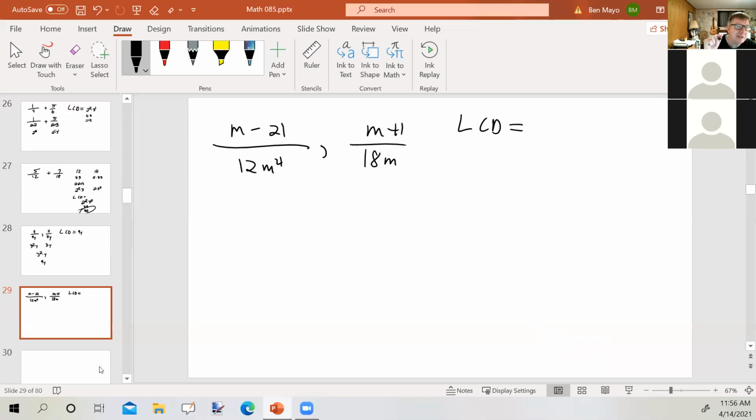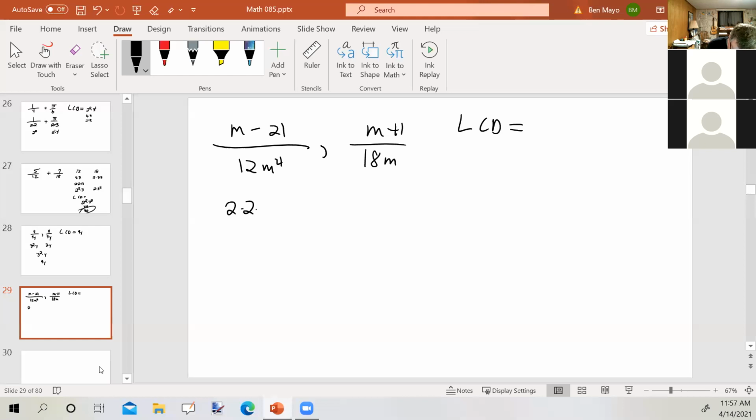Almost. 36m to the fourth power. Why would it be to the fourth if the other one doesn't have it to the fourth? You want the least common denominator, so you've got to take the highest power of each that they would both go into. Okay. Exactly.